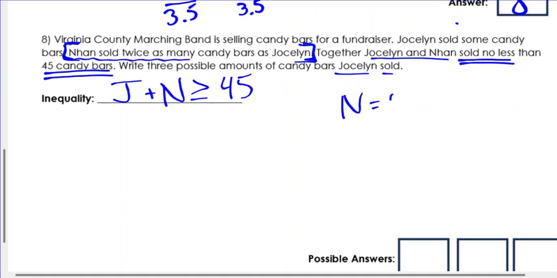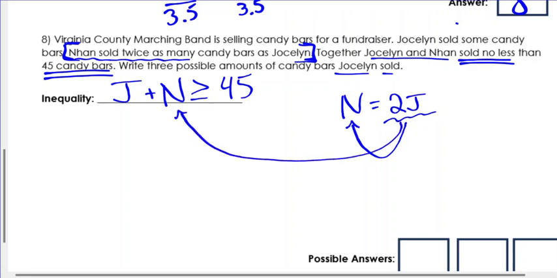If N equals 2J, we can take that expression, we could take 2J and put it in place of N in this inequality. So this is Jocelyn's amount plus Non's amount, which is 2J. Those are the same thing. We just said that those are equal to each other. So instead of the N there, I'm going to substitute in 2J, which is the exact same thing as N, and say that that is greater than or equal to 45.